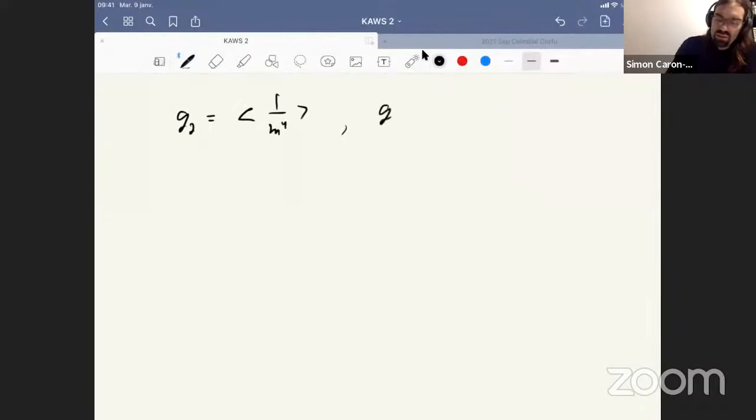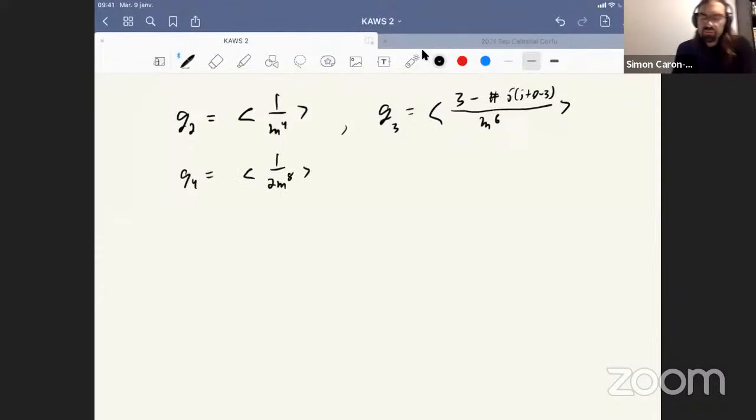Then you get G3, maybe with some normalization, I forgot the number here, something like (3 minus J) over M^6. It depends on the space-time dimension, maybe I should write D minus 3. This is a Casimir. Then you can write G4, maybe defined with a factor of a half.